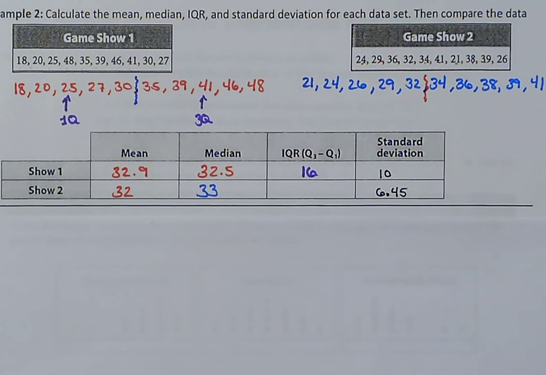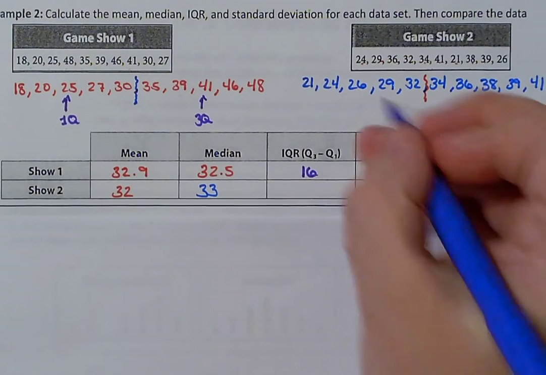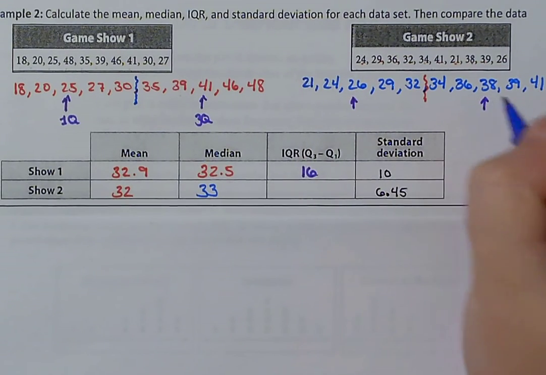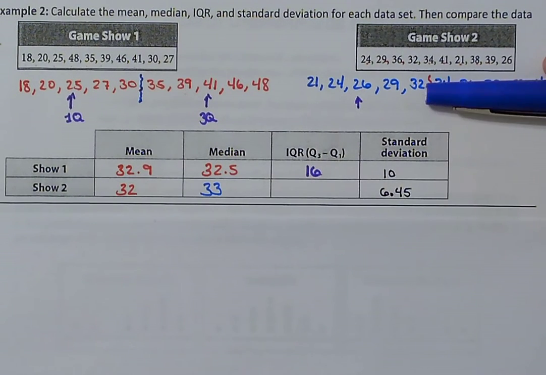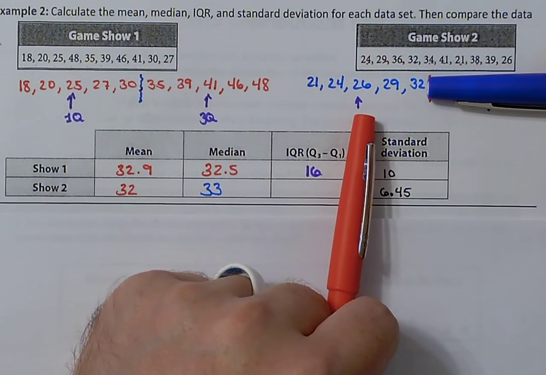And then we're just going to do the same thing for the second data set. So our first quartile is 26. 38 is our third quartile, because if I ignore this half of the data, including the median, my middle number is 26.